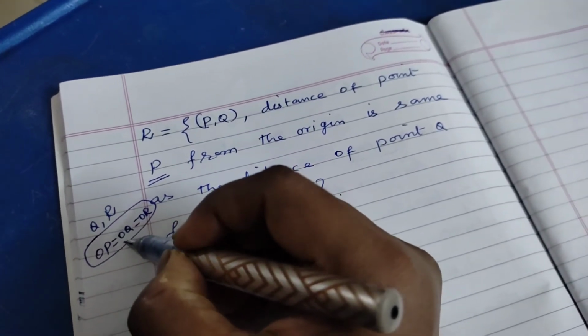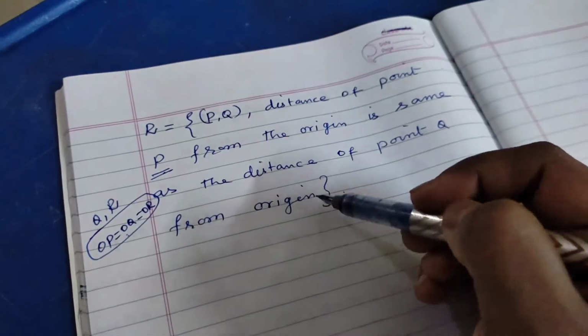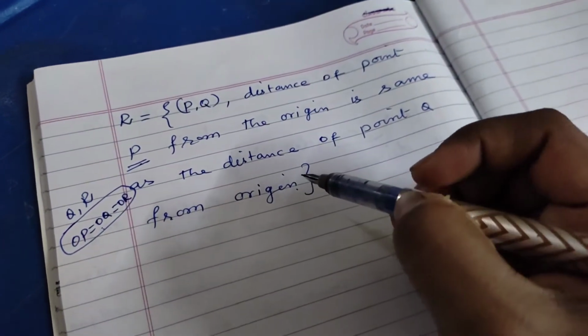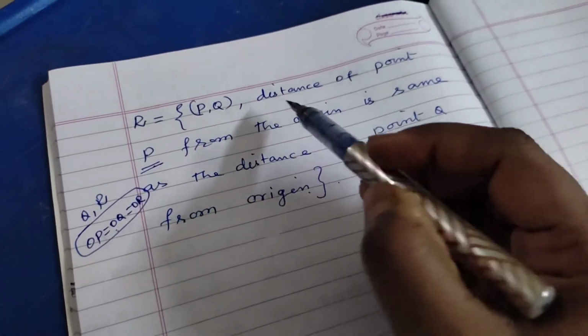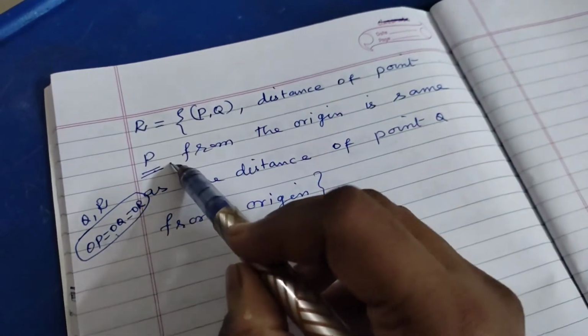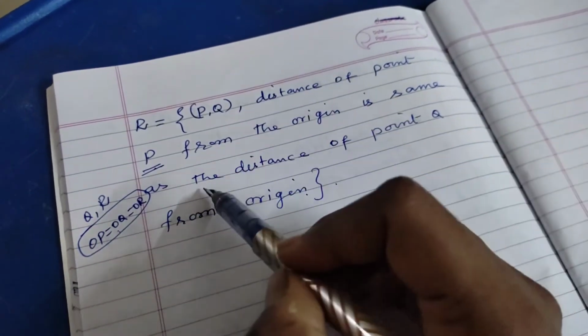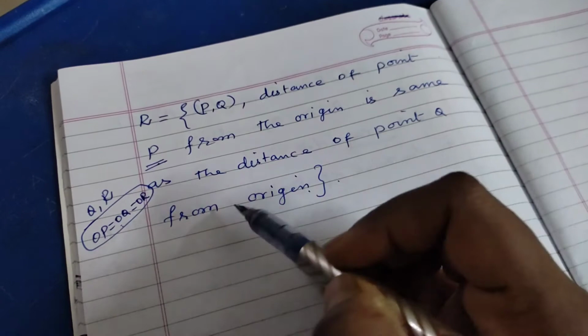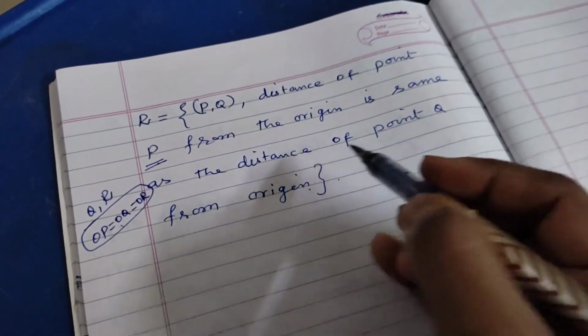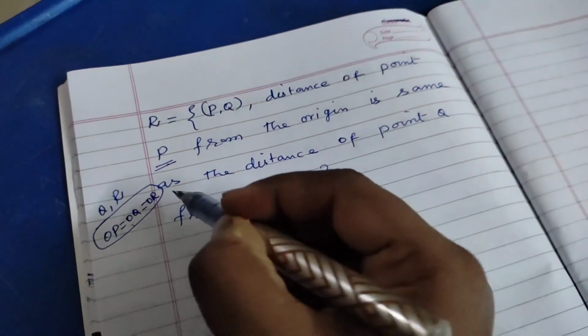This statement is observed from the relation condition. The distance of point P from the origin is the same as the distance of point Q from the origin. That is the given relation condition.